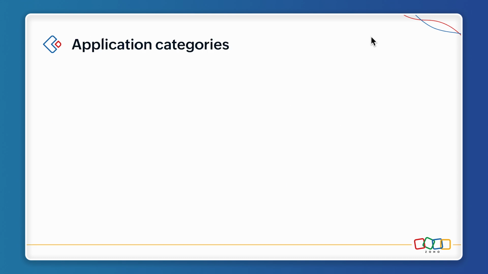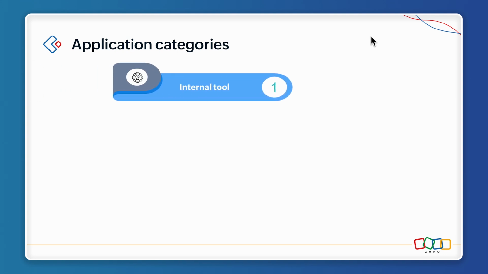First, let me discuss what these categories are. The first category is the internal tool. Let's say I'm building an application for an internal purpose, such as a task manager or a project management application, which would be majorly used within a team or within an organization. Then these applications would be categorized under the internal tool.